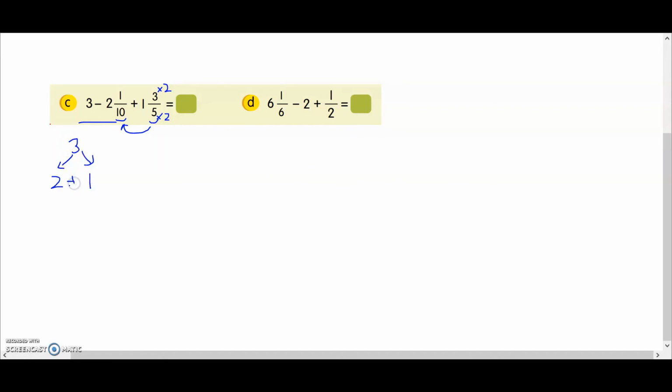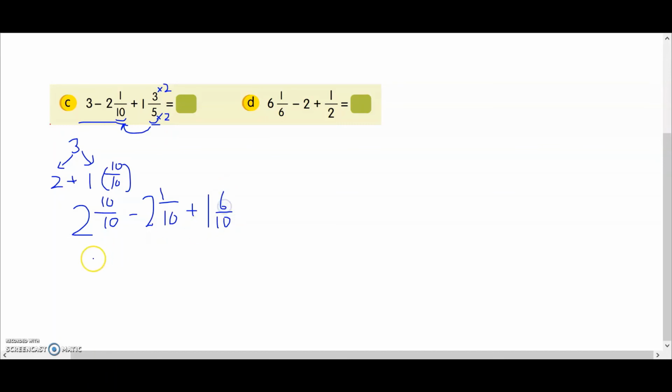Okay, because 2 plus 1 is 3. And then this 1 here, I change to 10 over 10. Because later everybody will be 10. So we change to 2, 10 over 10. Minus, okay, look at the question, 2, 1 over 10. Okay, the last one is 5 times 2, 10.